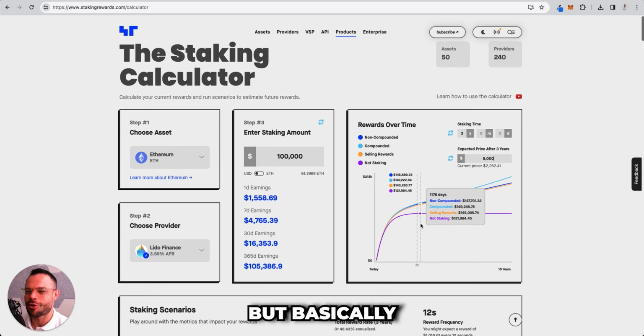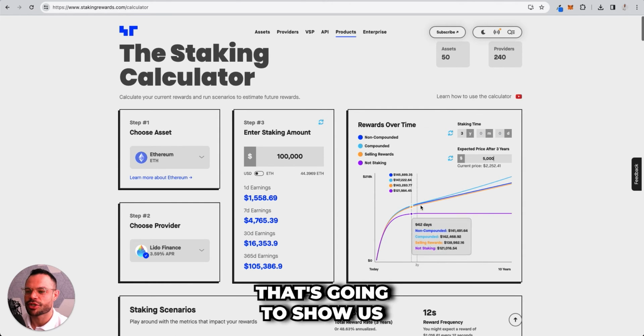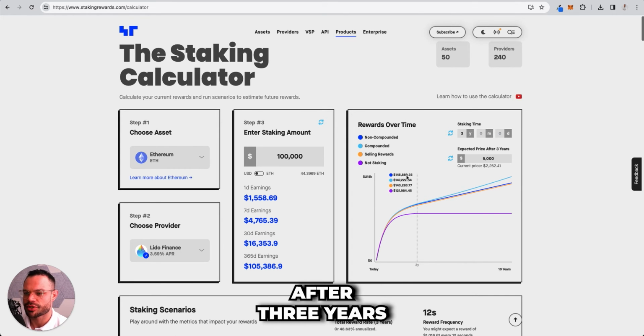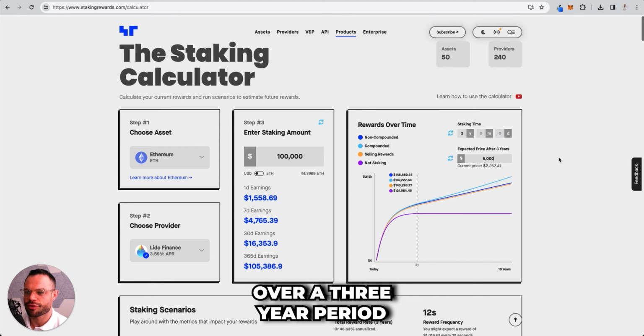It's being a bit slow, but basically what we can see is if the expected price of Ethereum in 3 years' time is 5,000 versus 2,000, that's going to show us our potential rewards reflected based on the price after 3 years. So we've gone from just over $10,000 worth of potential rewards over a 3-year period to closer to $140,000, $150,000 worth of rewards over a 3-year period.